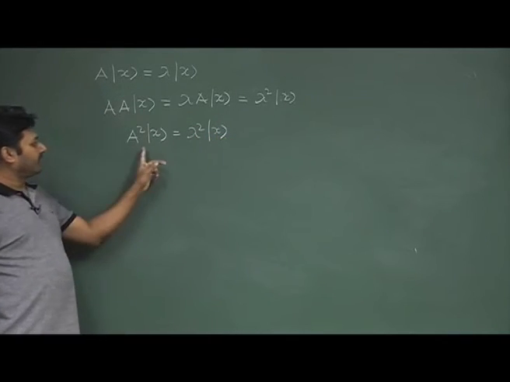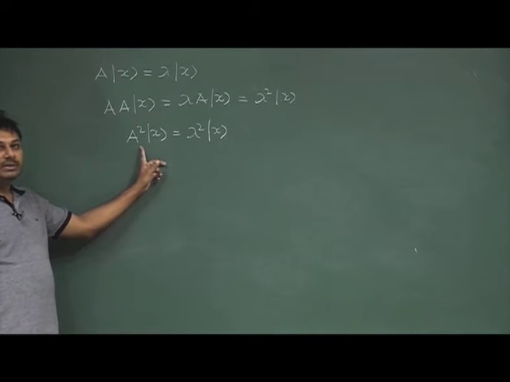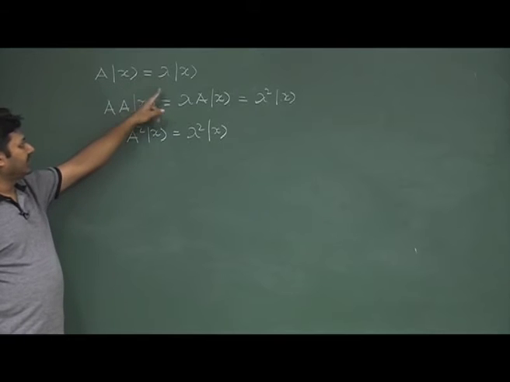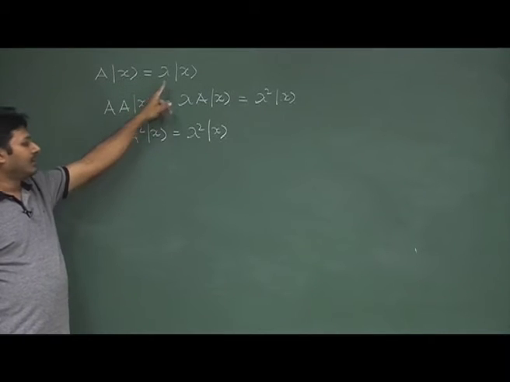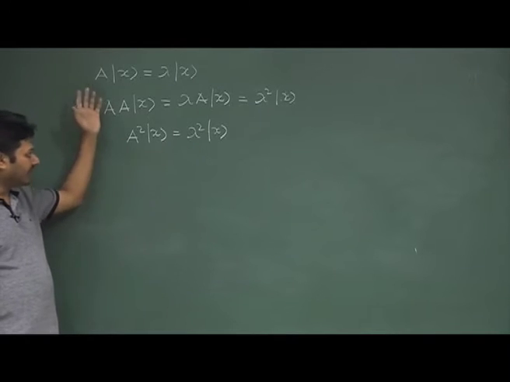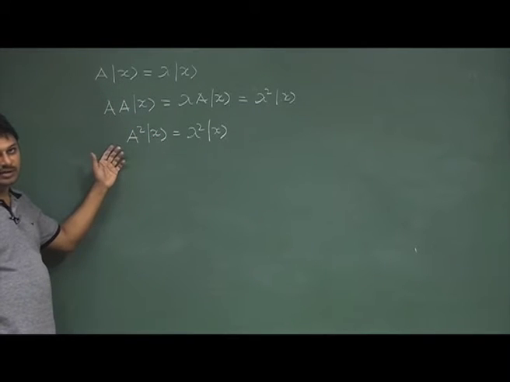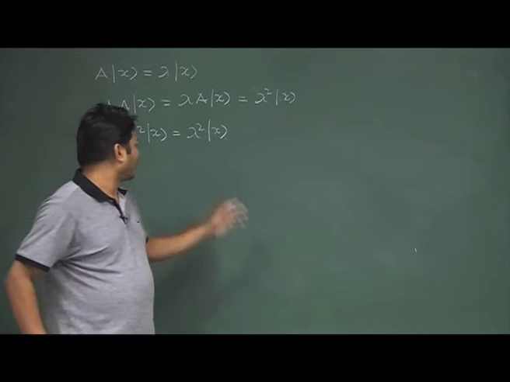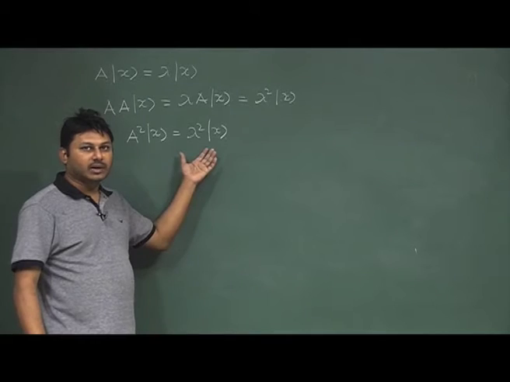So it readily shows a very important outcome: if A is a matrix with an eigenvalue lambda, then A square has the eigenvalue lambda square, and so on. So with this very simple structure you can find the eigenvalue of A square.